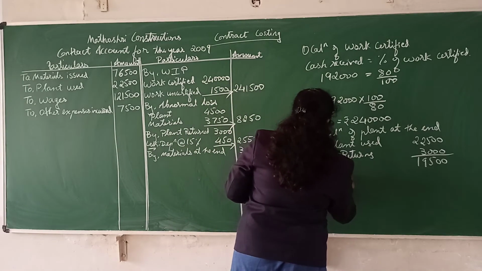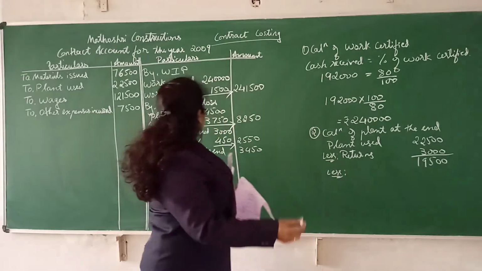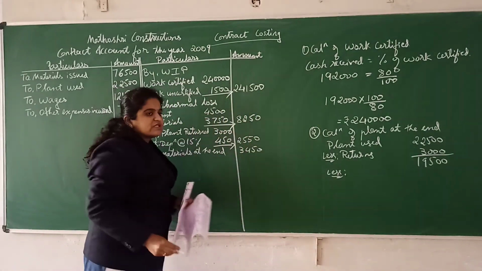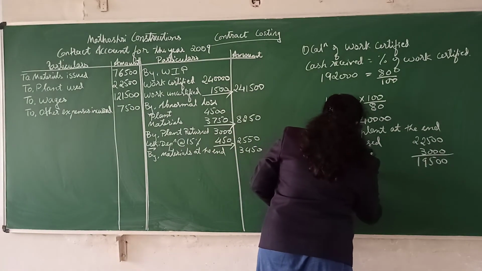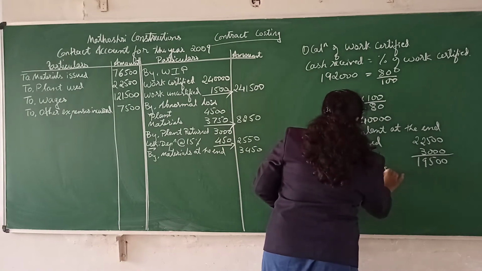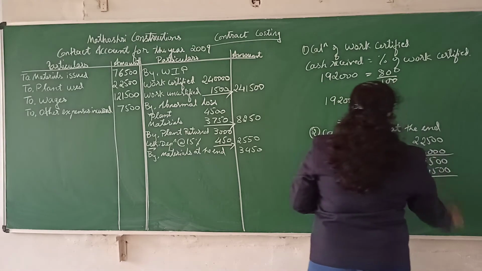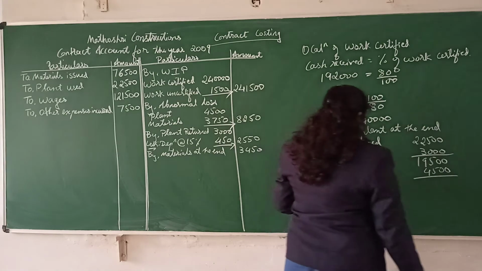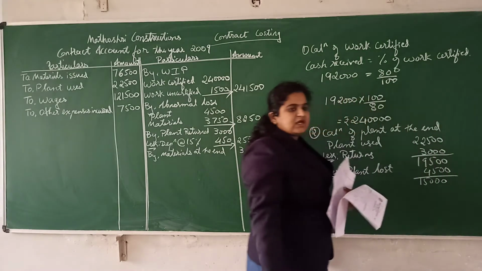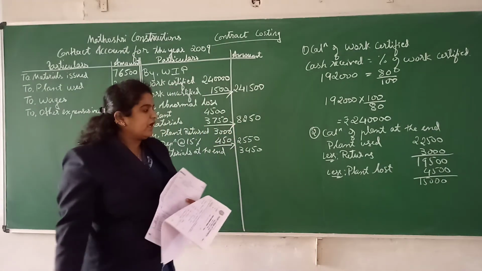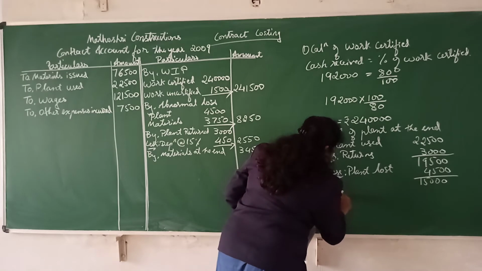Okay. Now again less, because there is an abnormal loss at the beginning itself. That is worth of rupees 4,500. So less plant loss 4,500. So deduct that, it will be 15,000. Okay. Now on 15,000 we will have to calculate depreciation.